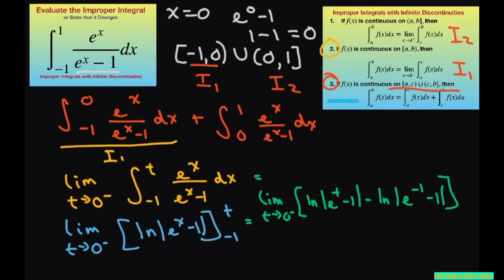Now this second part is a constant, but the 0 here is going to make the first part ln of 0. So that means this goes off to infinity. For integral 1, it actually goes to -infinity. Therefore, it's divergent.